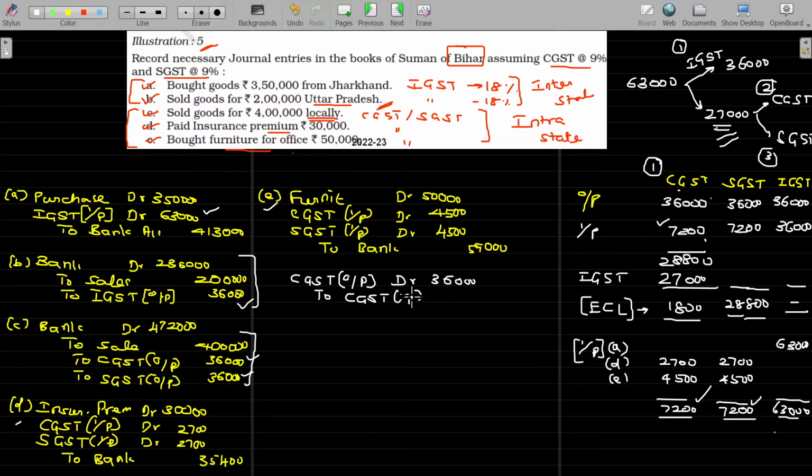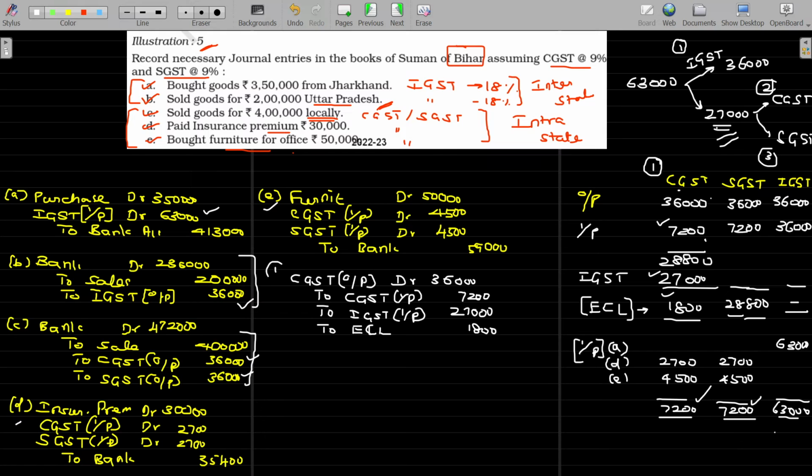I have that, to the extent of 7,200. Another 27,000 I can use from IGST input. 27,000. Still I have to pay 1,800. How do I make the payment? Electronic cash ledger, through NEFT transfer or whatever the mode may be. 1,800. Am I right? 1,800.